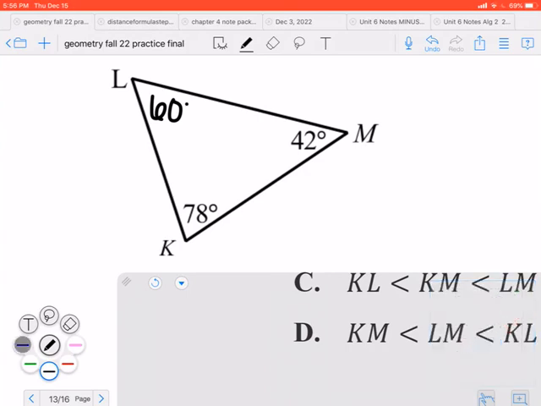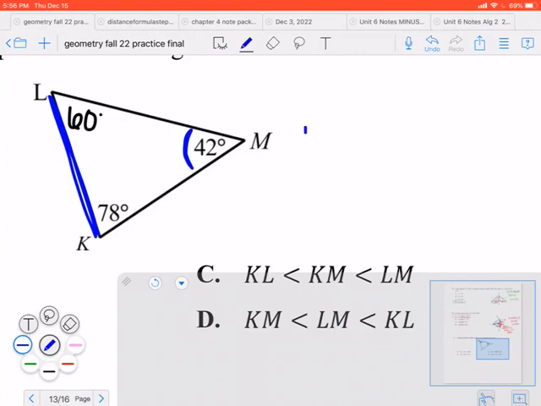So the sides that are opposite the angles tell you the order of the side lengths. I'm just going to start with the smallest. I could start with the smallest or the largest. 42 is the smallest degree measure, so the side opposite it is going to be the smallest side.